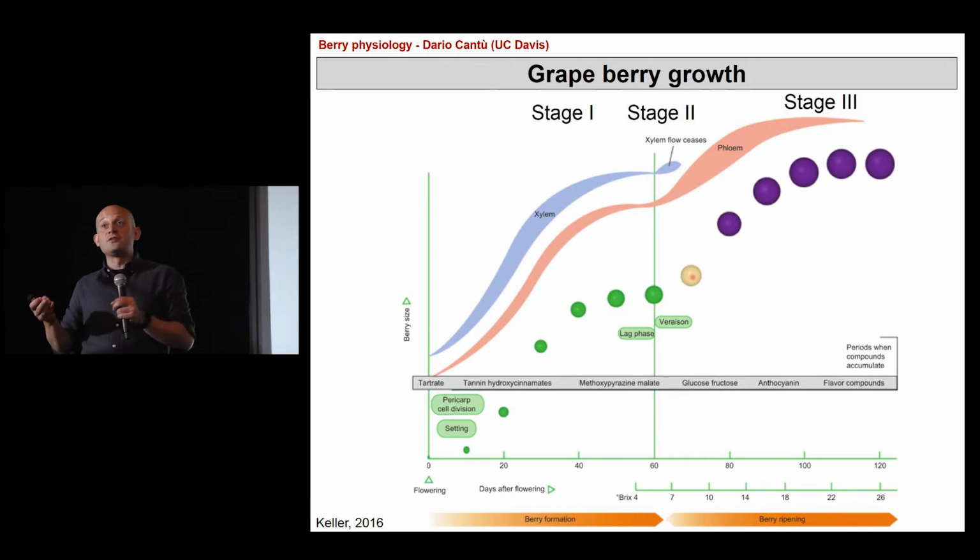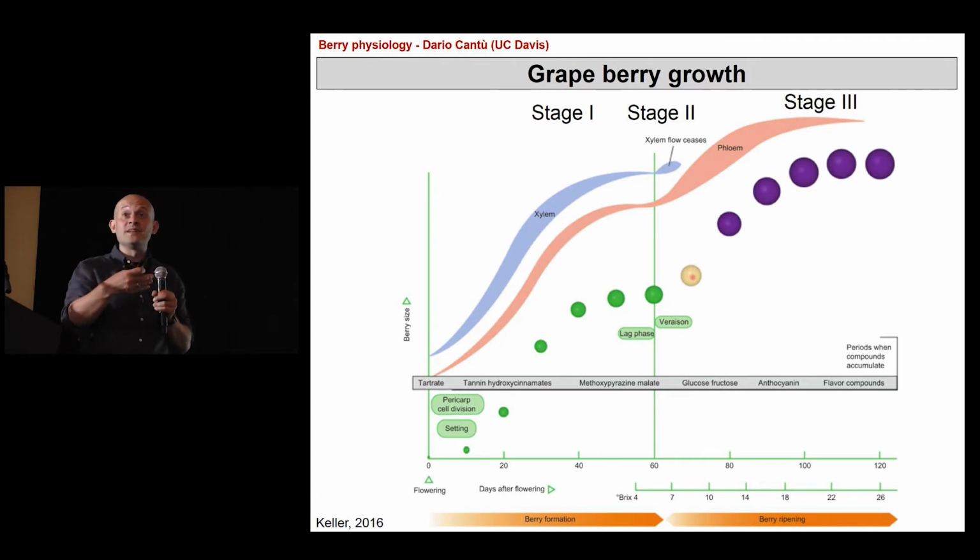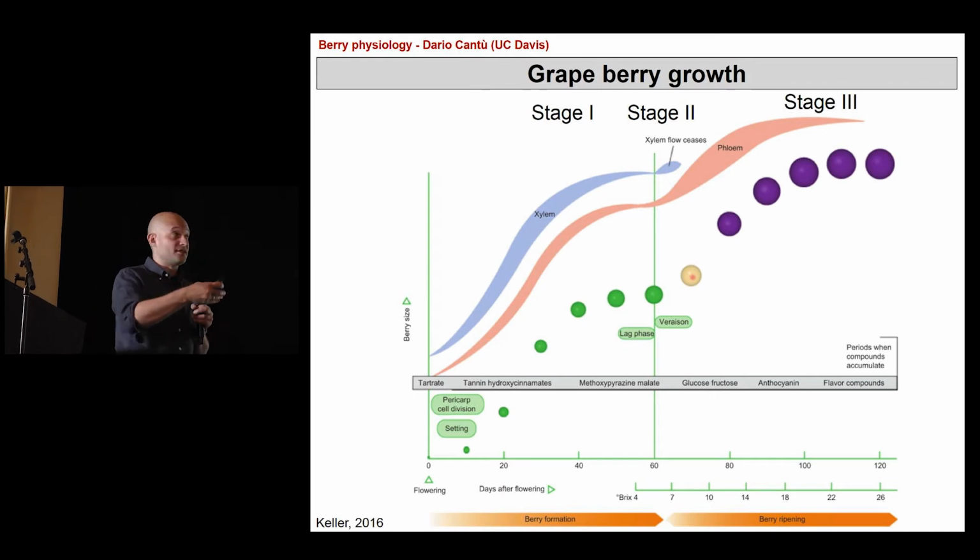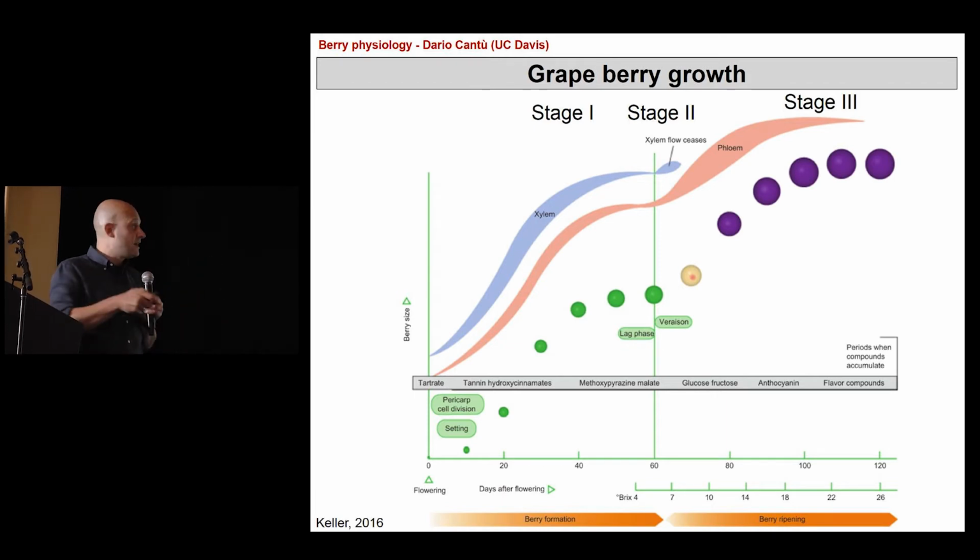So we like to divide berry development and ripening in these 3 stages. When I talk about berry development, I talk about stage 1 and stage 2. And when I talk about berry ripening, I talk about stage 3.